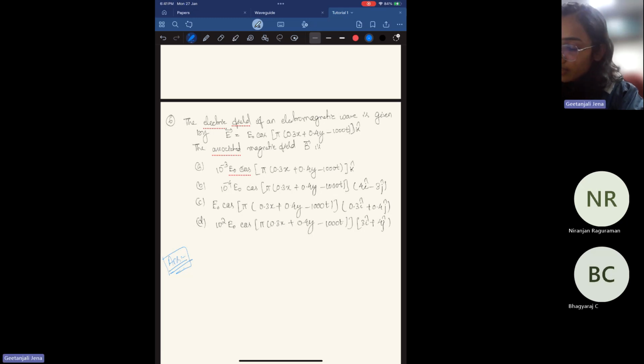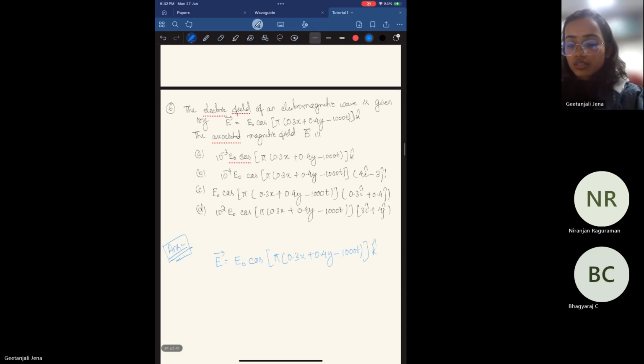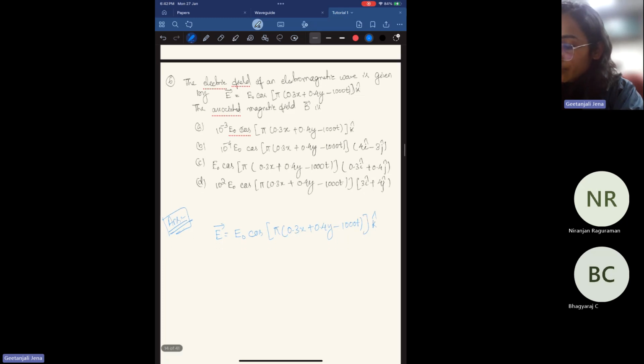It is given by E equals E0 cos pi (0.3x + 0.4y) minus 1000 t, in the k cap direction. Okay, so now it is asking you to find out what is the magnetic field.